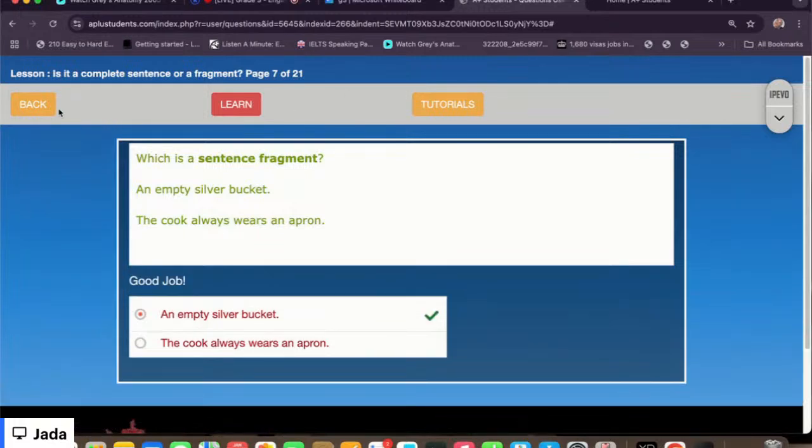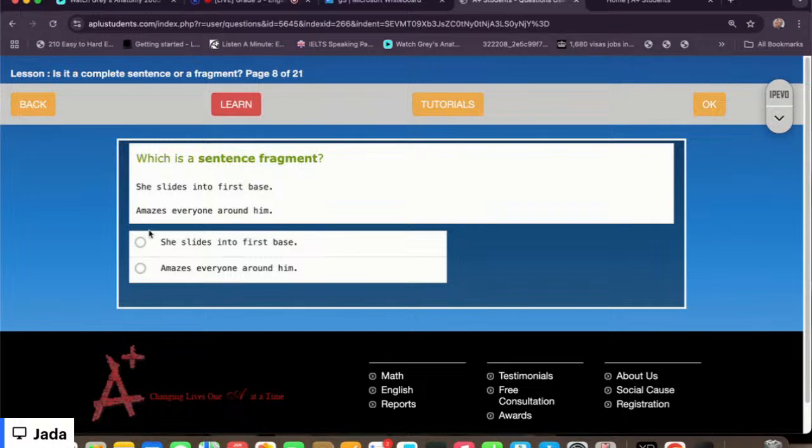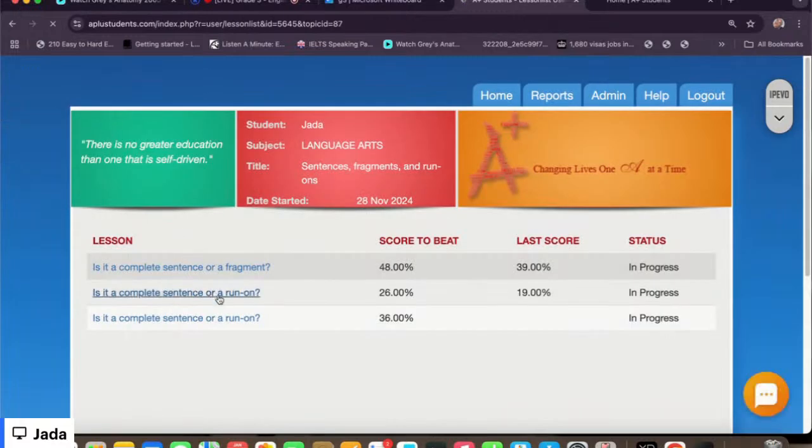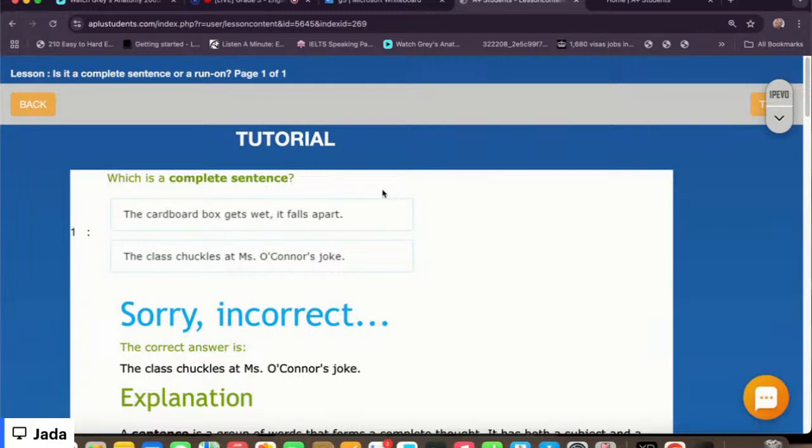Okay, so that's it for sentence fragments and complete sentences. We'll move on to the run-on now. So you have to make sure that you complete the lesson. If you haven't done it, you have to complete it. Okay? So complete this lesson if you haven't.